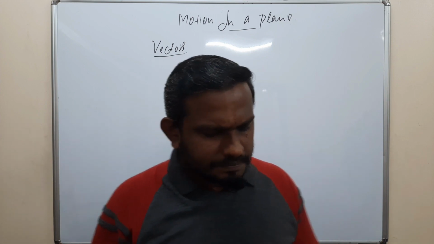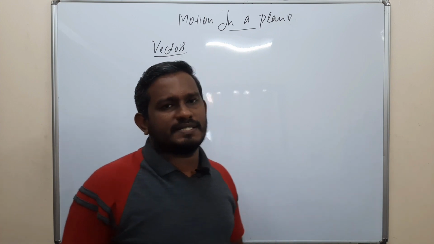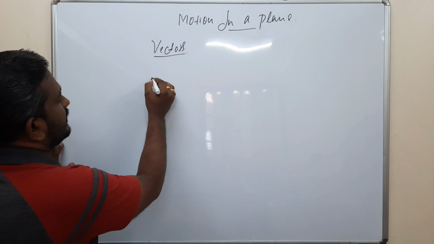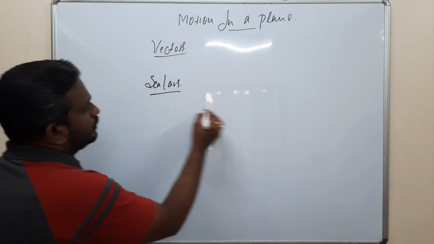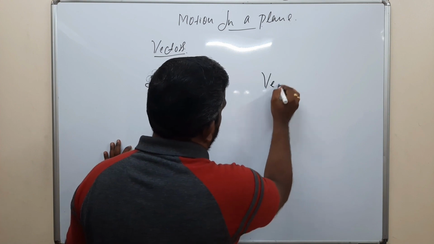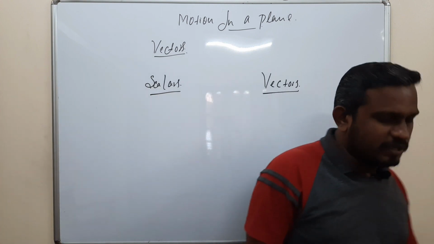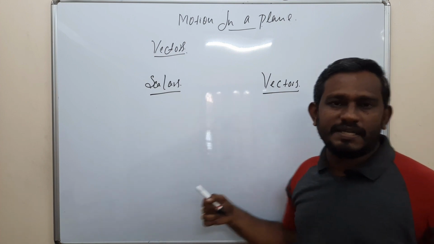In physics, the physical quantities are mainly classified into two types, scalars and vectors.